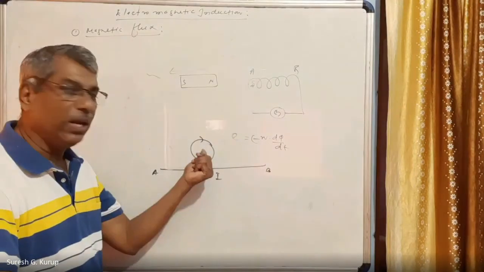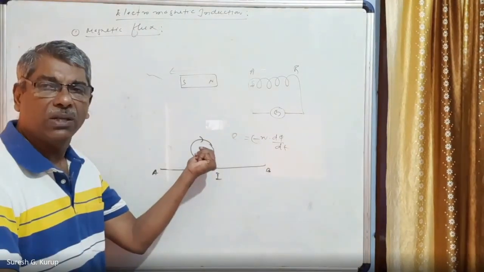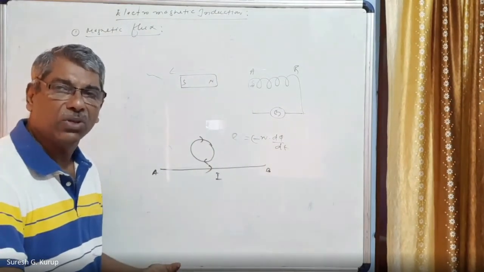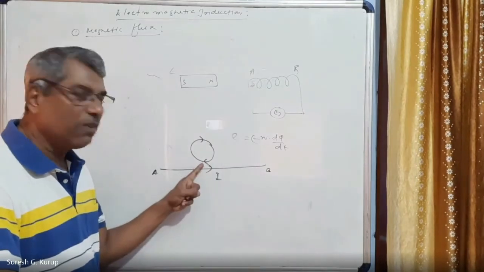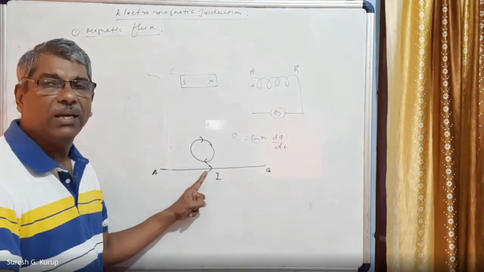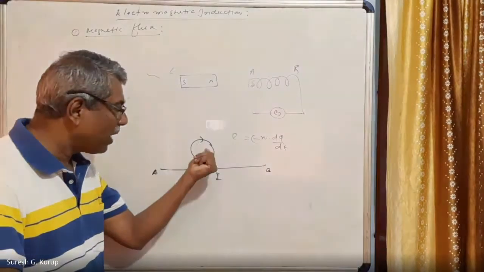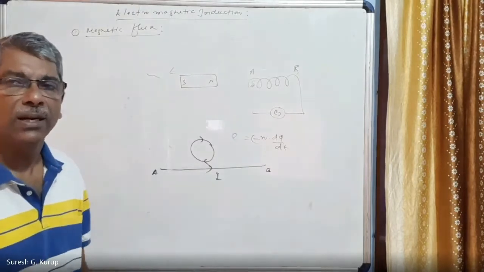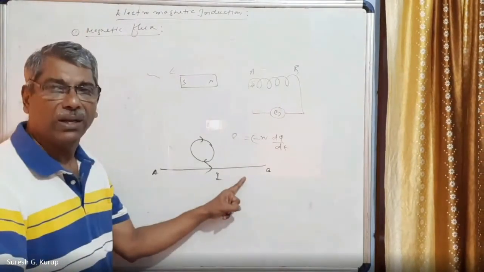Then the magnetic flux linked with this metallic coil changes, due to which a current is produced in it. The current direction will be such that it must oppose the increasing current, because the magnetic flux through this coil is due to the increasing current in the wire.